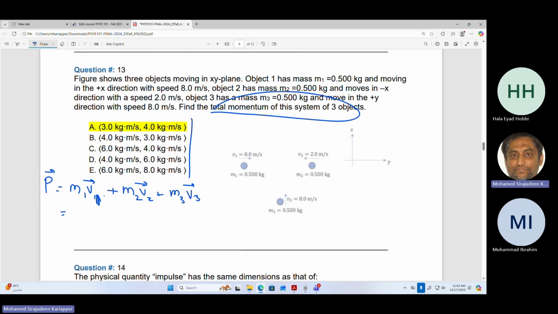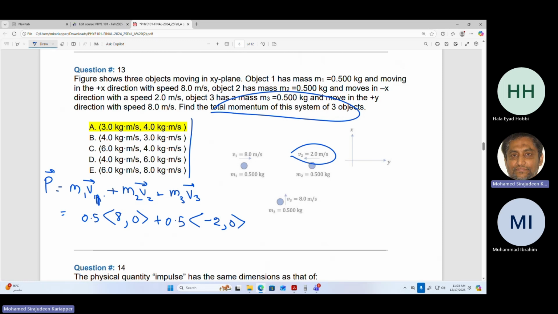So M1 is 0.5 multiplied by 8 and 0, because we have a two-dimensional problem, x and y, 8 and 0. And plus M2 is 0.5 and here you can see V2, we can write it as minus 2 and 0.